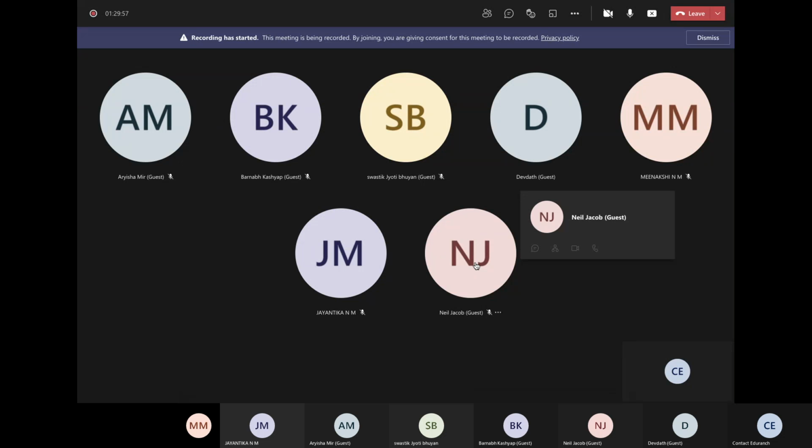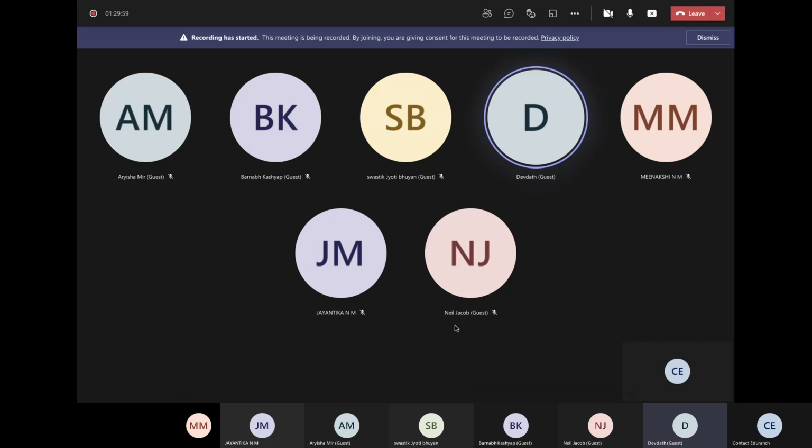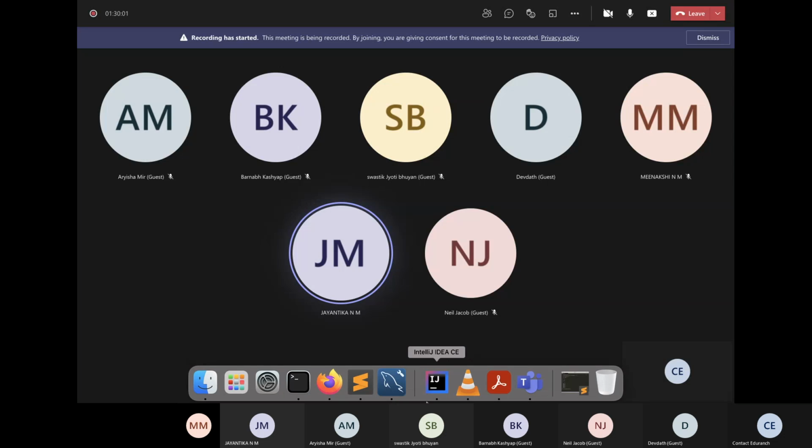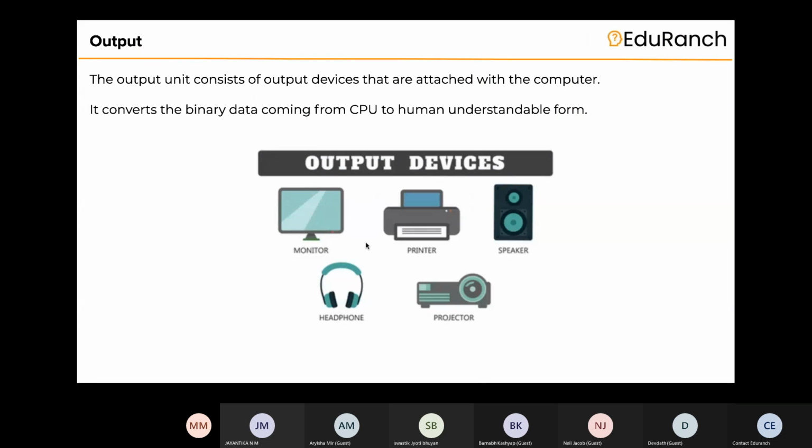Hey guys, can you hear me? Yes, sir. Yeah. So far we have seen input devices, CPU, microprocessor. Let's see the output devices.